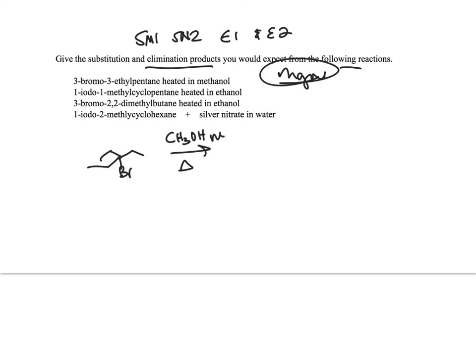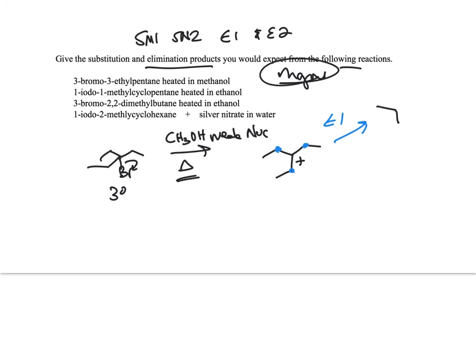Okay, so this is a weak nucleophile. We have heat and we have a tertiary alkyl halide. So we're going to go ahead and get the carbocation, and you're going to get a combination of elimination products. So you're going to get an E1. What hydrogen are you going to take, or what carbon?